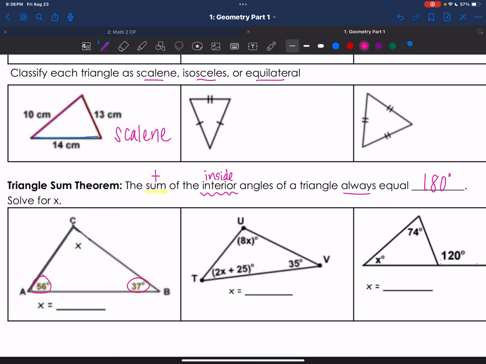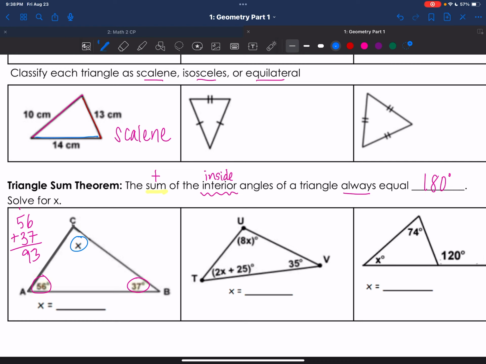This is 56 plus 37. So 93, but we're not done. Just these two right here are 93. So now we need to figure out what this guy is.